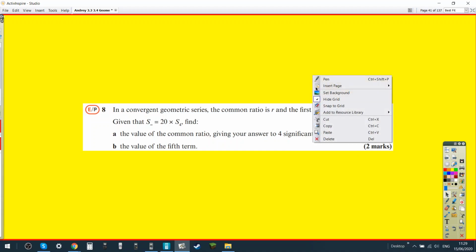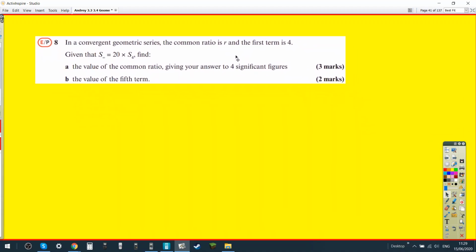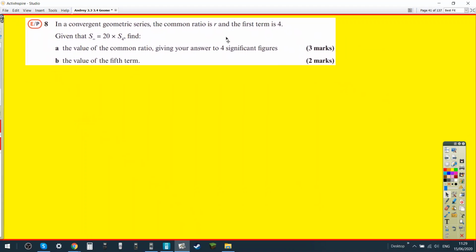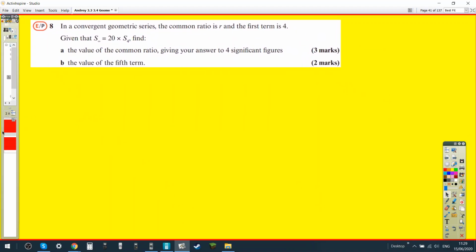Convergent. All right, how about this one?